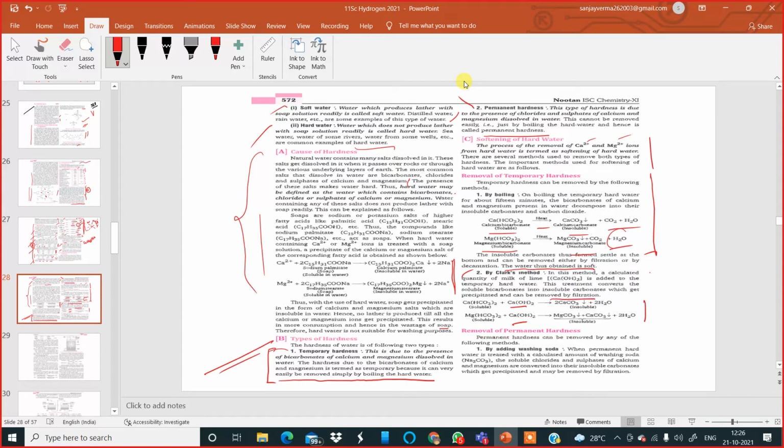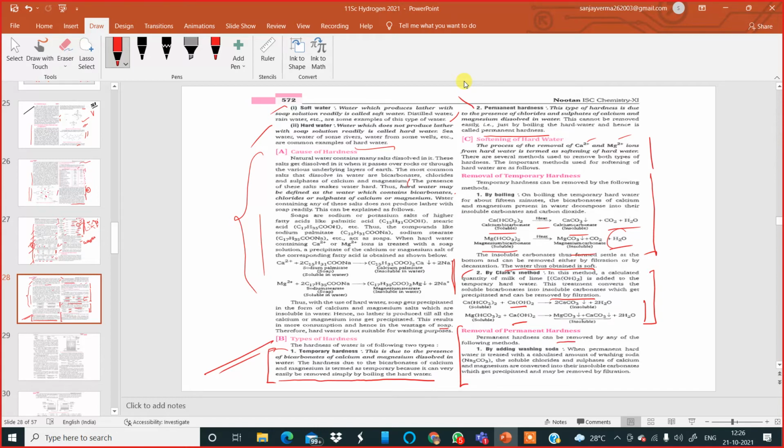So this use of milk of lime, which is calcium hydroxide chemically, is called Clark's method. So there are two methods to remove temporary hardness of water. One is by boiling, and if you can't provide boiling, then you have to add milk of lime to remove the hardness.